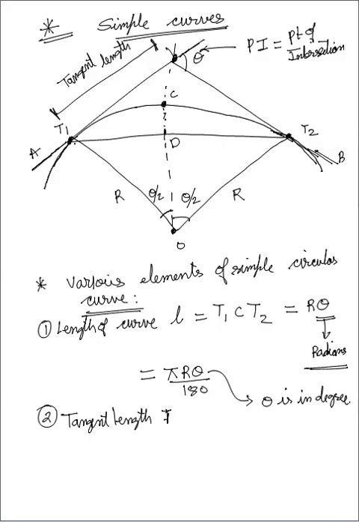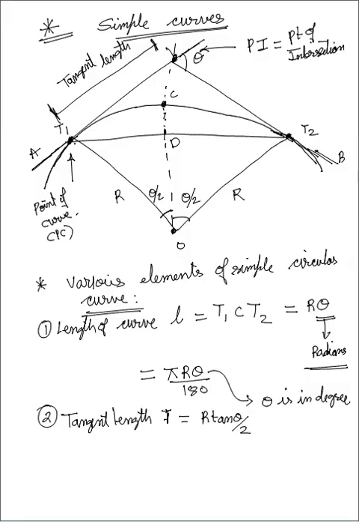This tangent point is also called the point of curve, PC. So tangent length is this particular length, and it is equal to T is equal to r tan theta by 2.